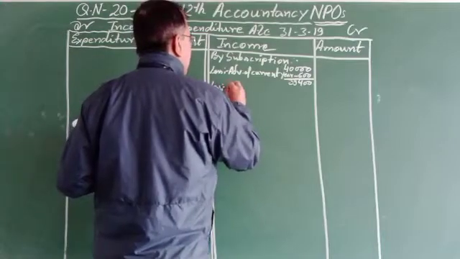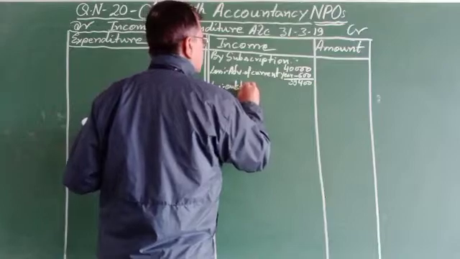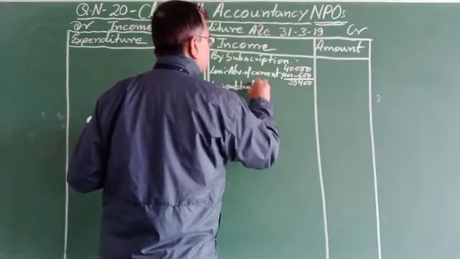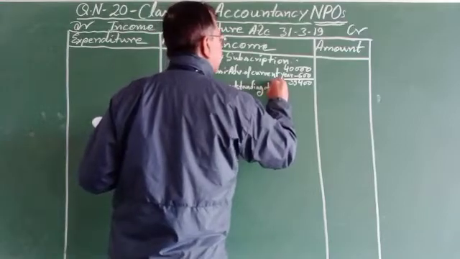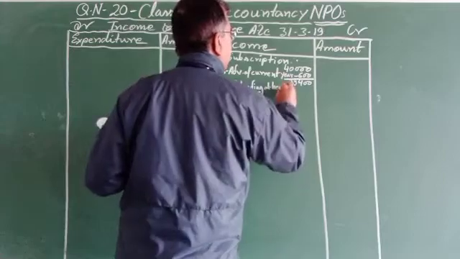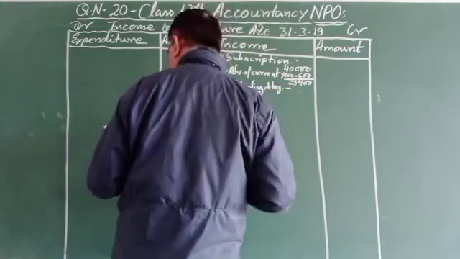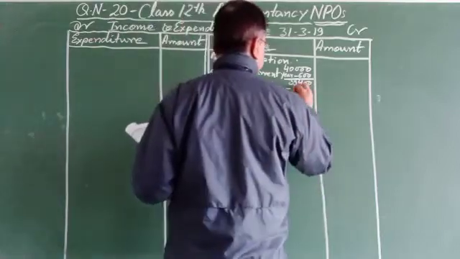Less outstanding at beginning of the year, minus, that is given 3,200.